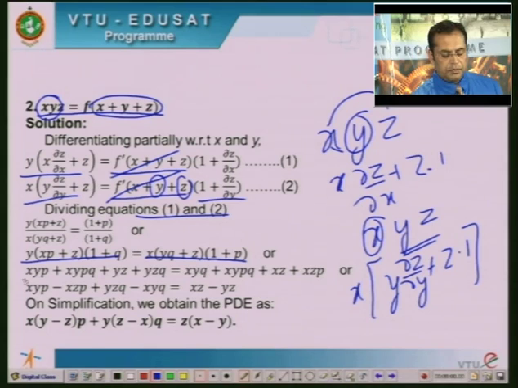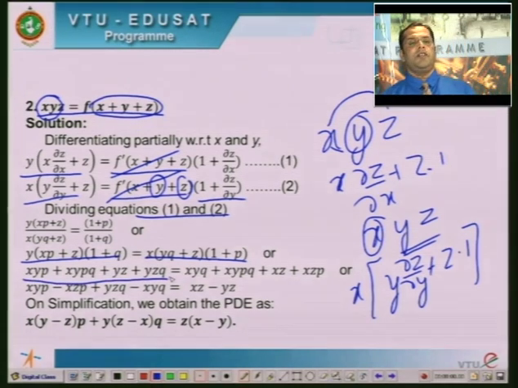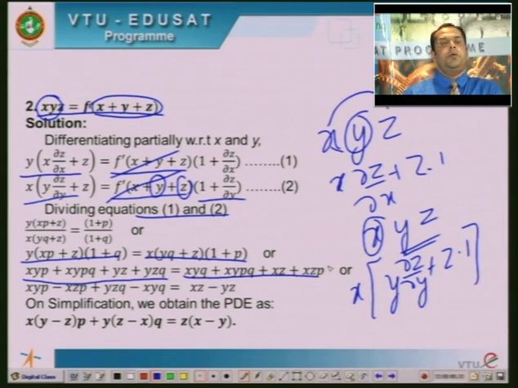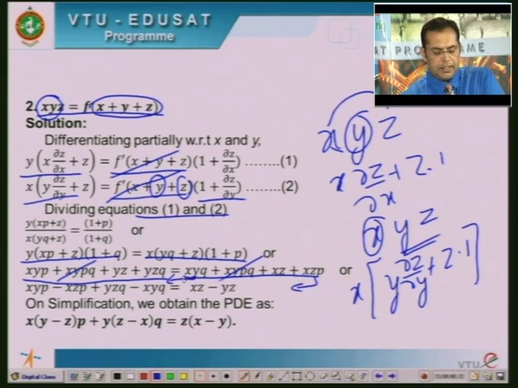Multiply term by term. The LHS will give xyp + xypq + yz + yzq, equal to xyq + xypq + xz + xzp. Notice that the xypq terms cancel. Take all p and q terms to the LHS, and the remaining terms to the RHS.